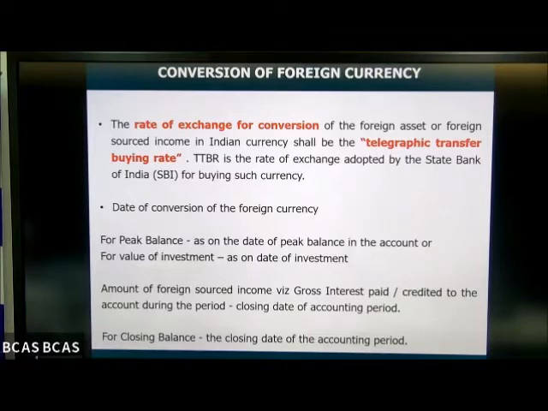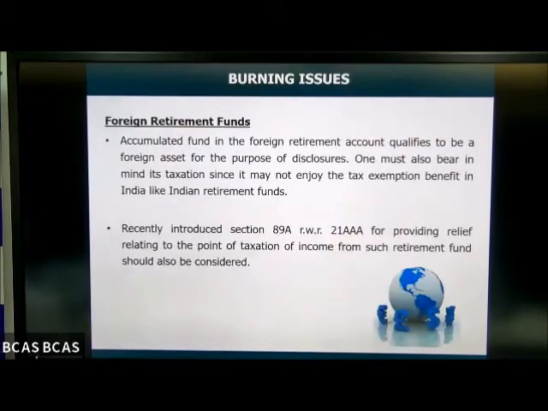For the value of investment, as on the date of investment. Amount of foreign source income has to be converted into INR at the rate prevailing on the closing date of the accounting period. And for closing balance in the foreign asset, the value in INR is to be computed by applying the rate as on the closing date of the accounting period.